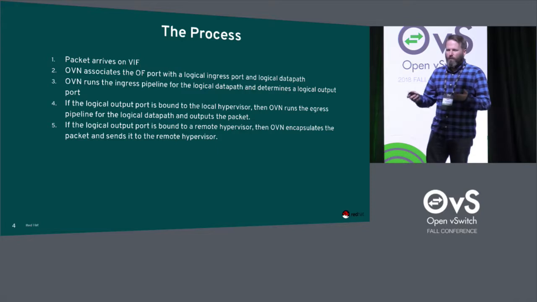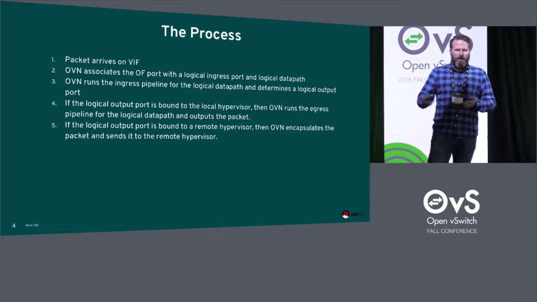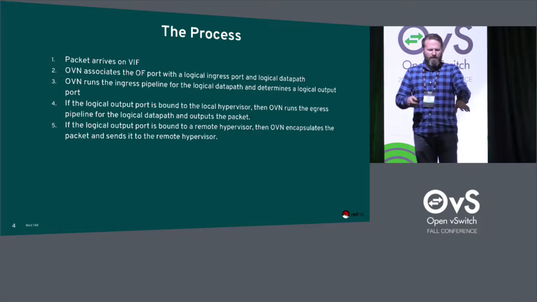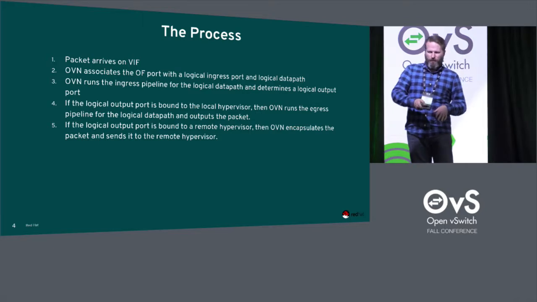So let's go through just what happens in OVN when a packet arrives. In this list here, you'll see that I say that OVN does things. That's shorthand for saying that OVN programs OVS to do these things.